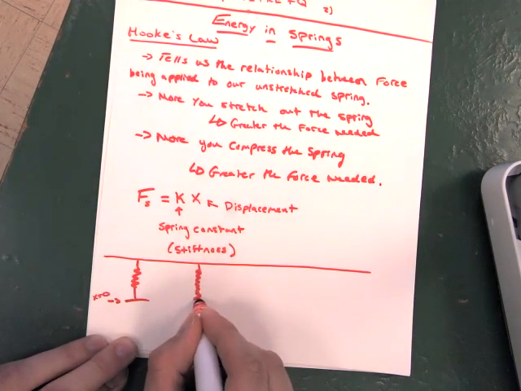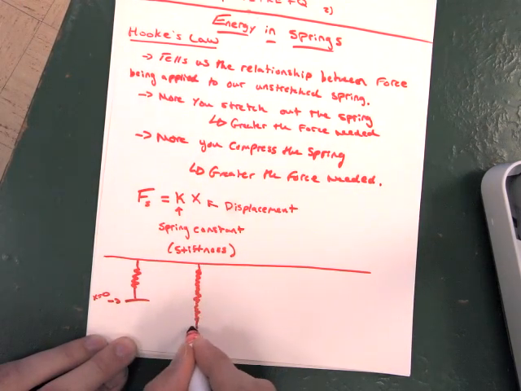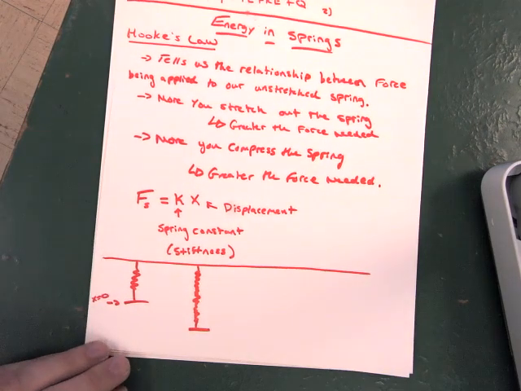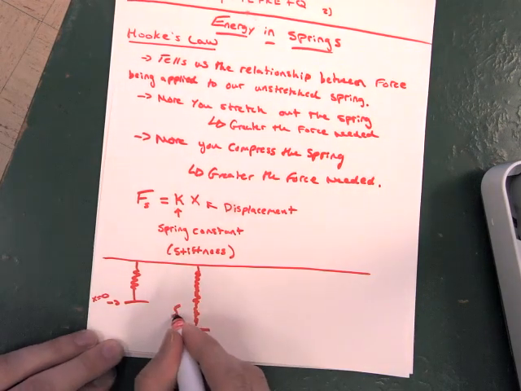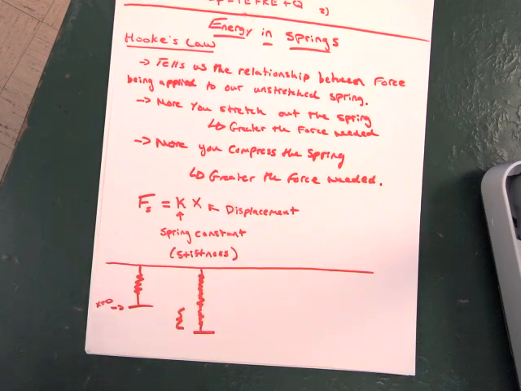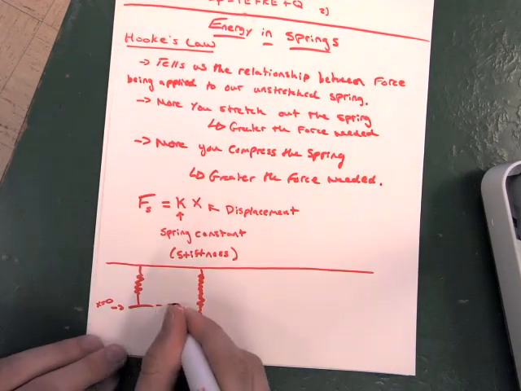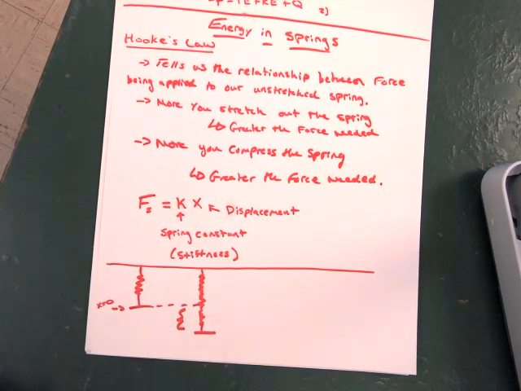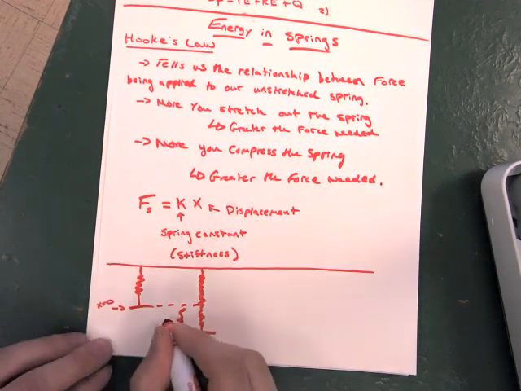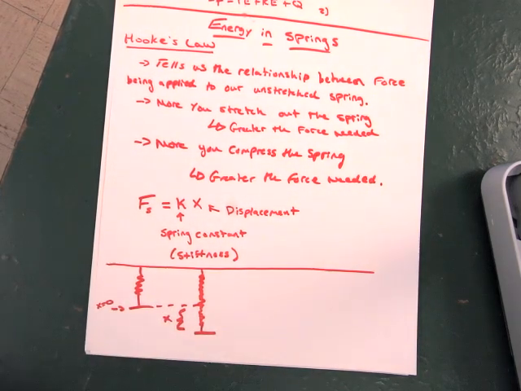We notice that the spring stretches out some distance from the equilibrium, because our equilibrium is here. The way it stretches out, this is going to be our x. This is the displacement, how far it's stretched out.